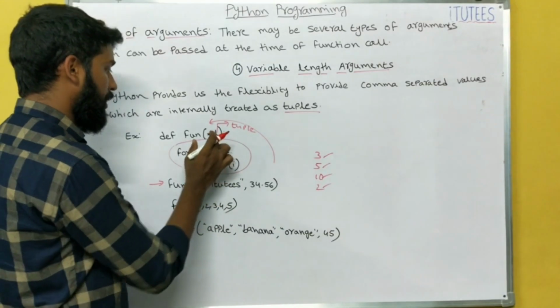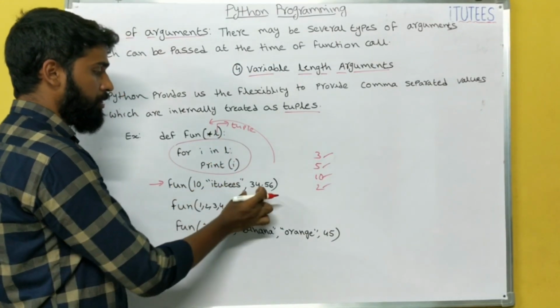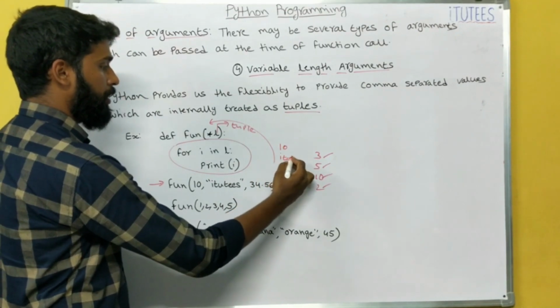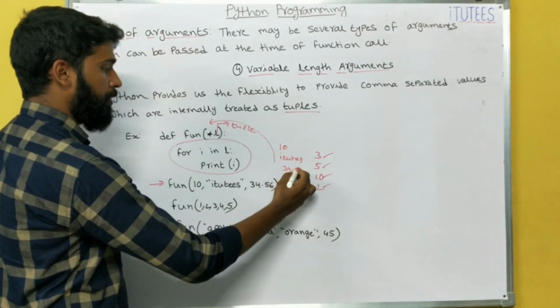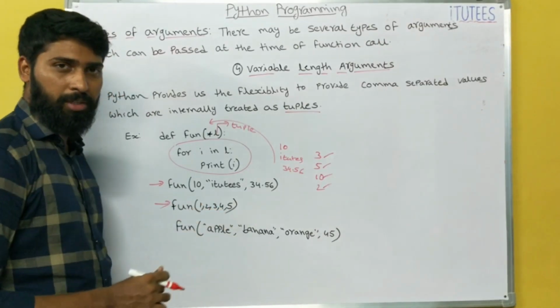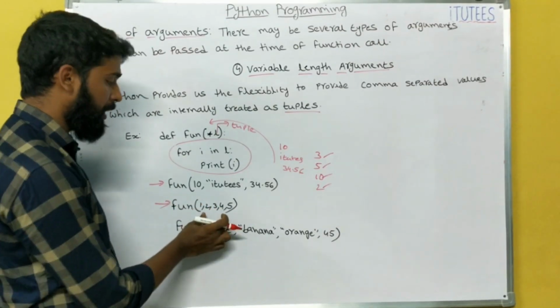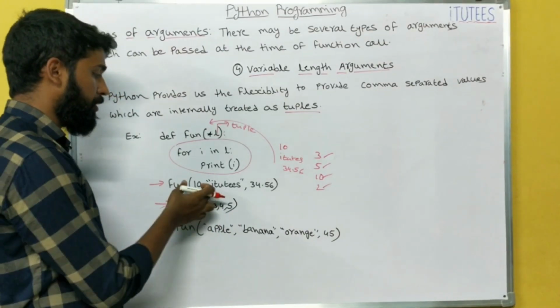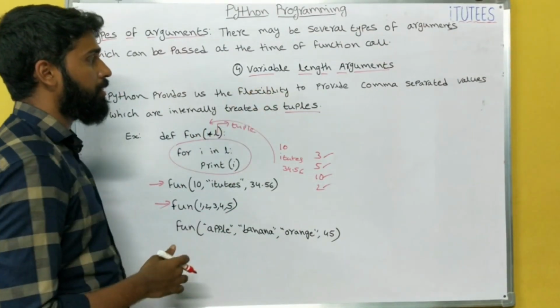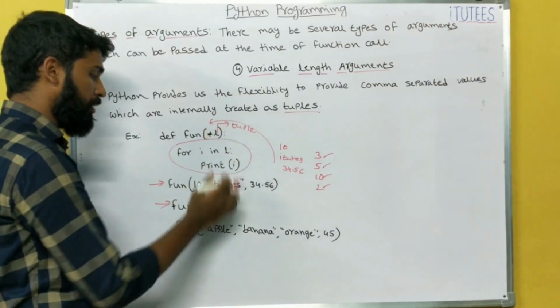So now what is the content? 10, ITUT, 34.56. It prints 10 ITUT 34.56. In the next function call, I pass 5 arguments. So before it was 3, next 5. The argument length is changed automatically from 3 to 5.